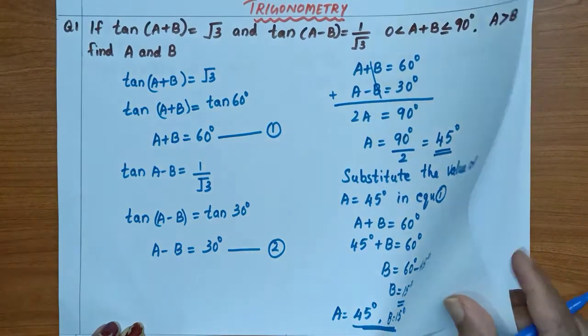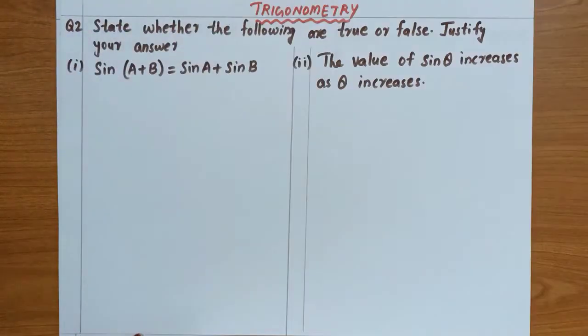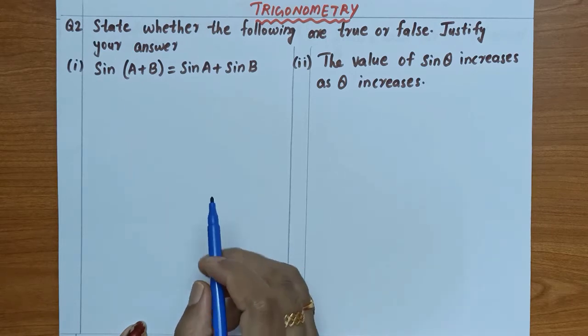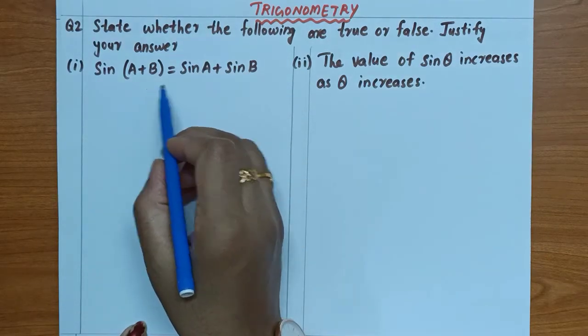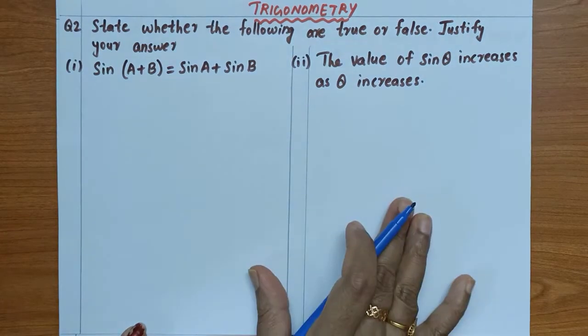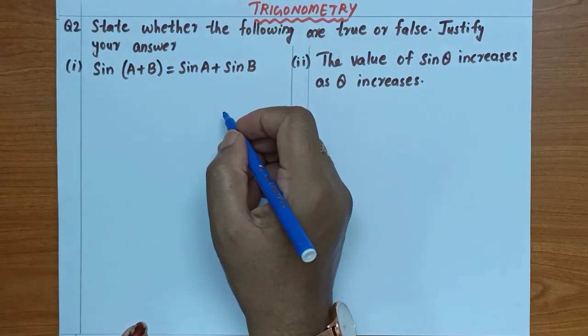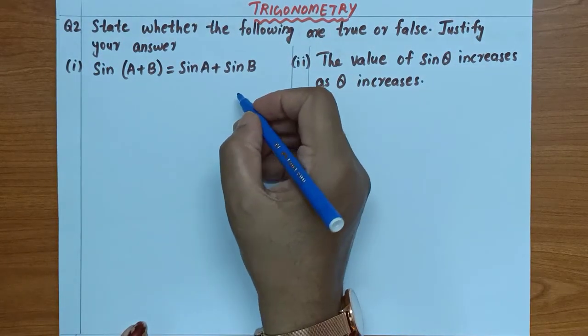Now question number 2. State whether the following are true or false. Justify your answer. First statement: sin(A+B) equals sin A plus sin B. In the place of A and B, I am going to substitute the values 30 and 60.